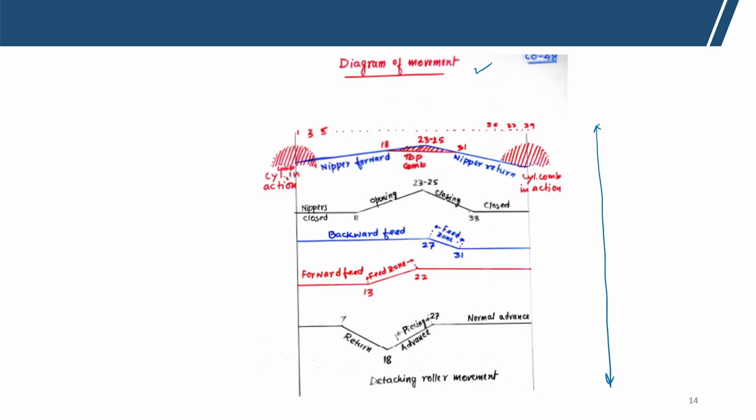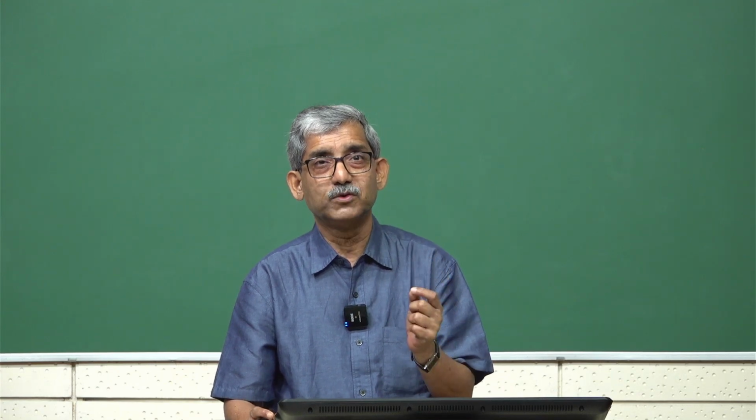In the index wheel there are 40 index points, index numbers. So, 1 is the first index number, it is actually superimposed with 40. Now, if you see the cylinder comb action, it will be there when the nippers are closed.